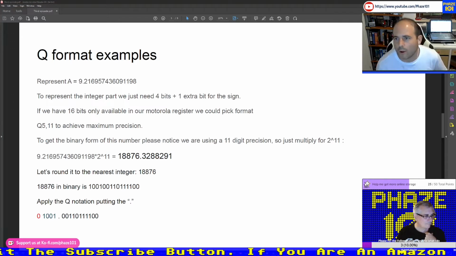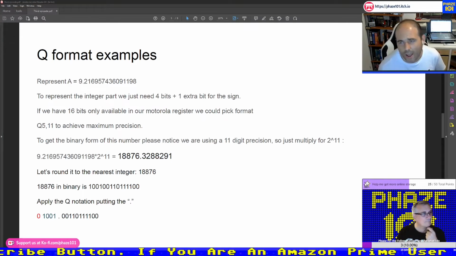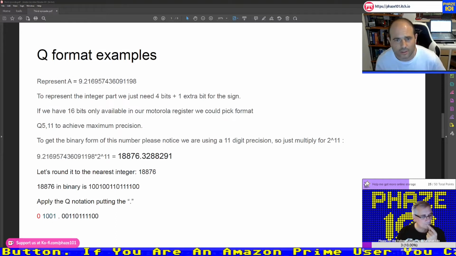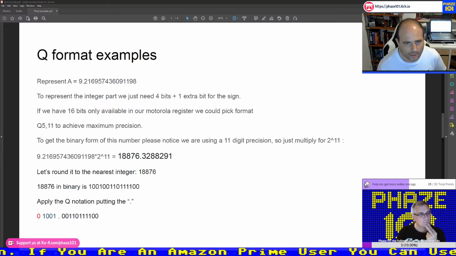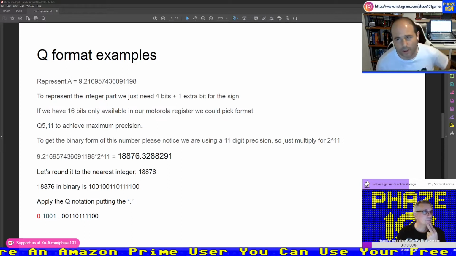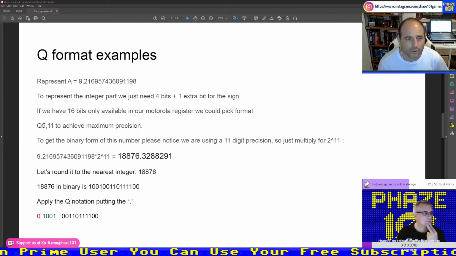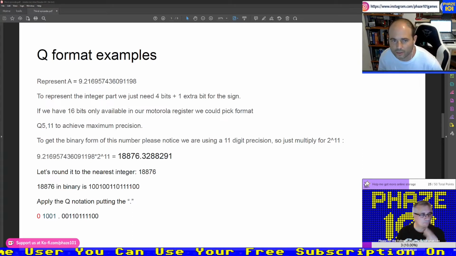But I want to represent also the sign, so I need an extra bit. So the final format that I will use in this case will be Q5.11.